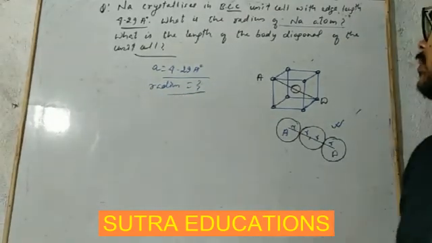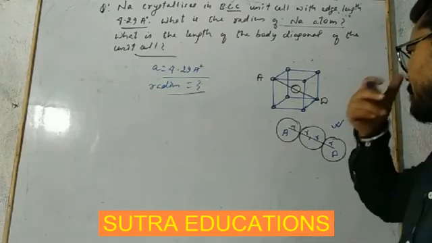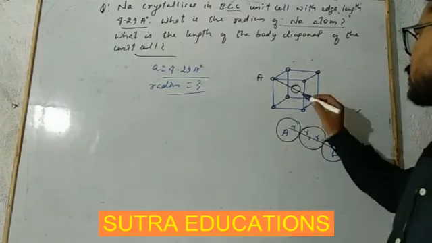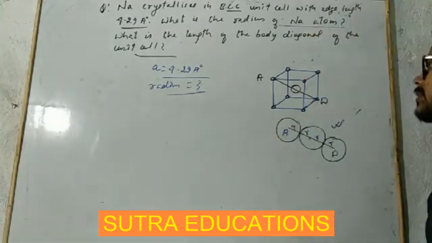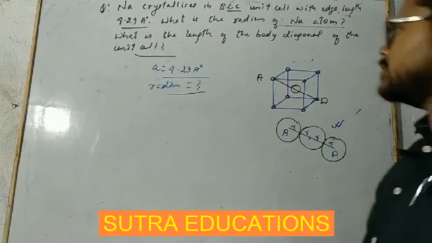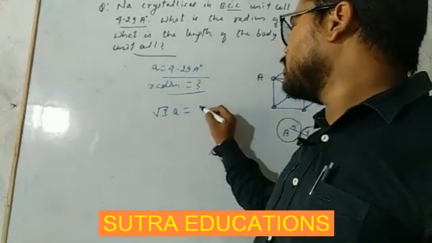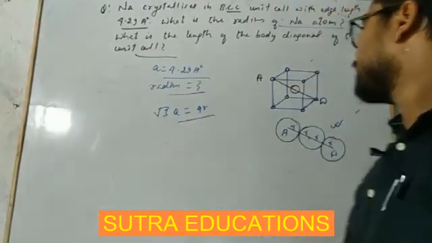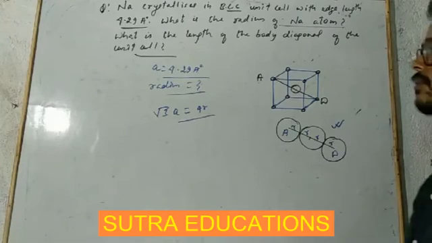We know one relation we have derived in this case, that root 3a is equal to 4r. We have derived this earlier.